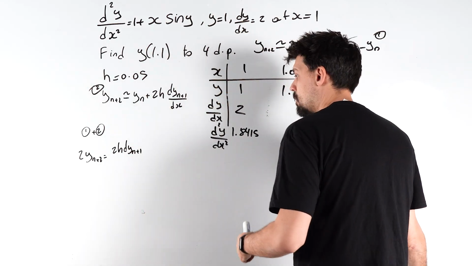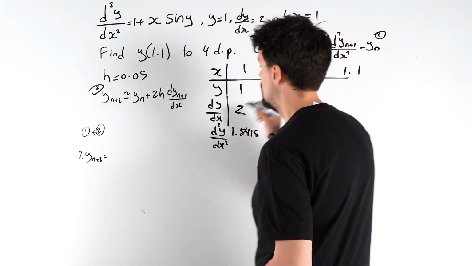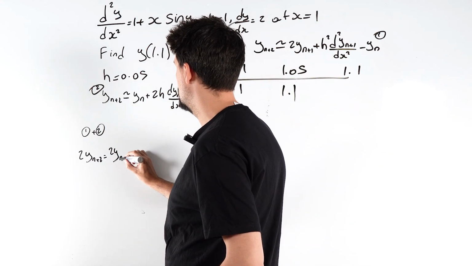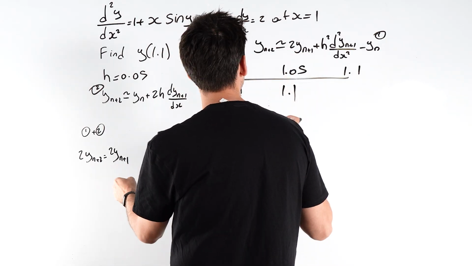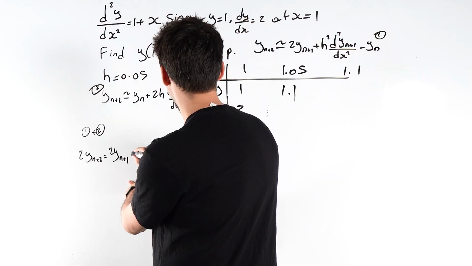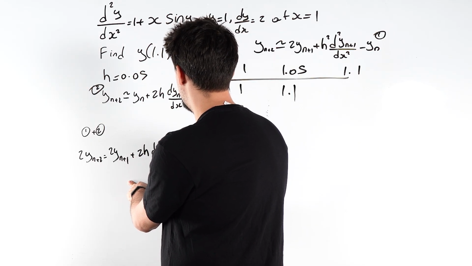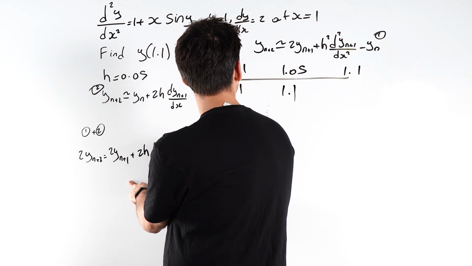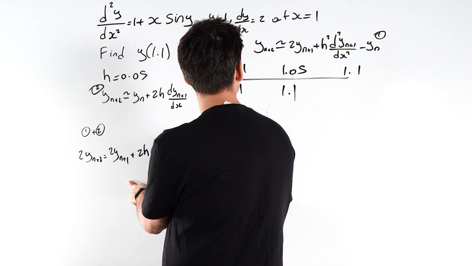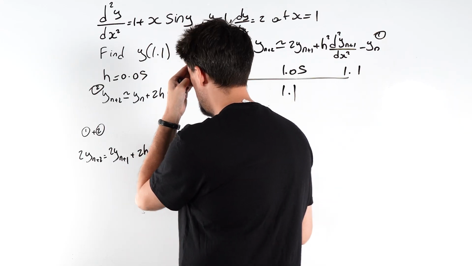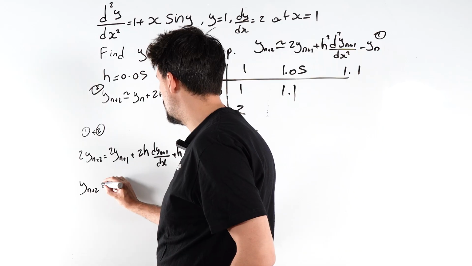Well, what we end up with is this: we get twice the original yn plus 1. That will get divided by 2, so that's fine. Plus 2h dyn plus 1 dx plus h squared d2yn plus 1 over dx squared. So what we end up with is this really cute little approximate version of it.